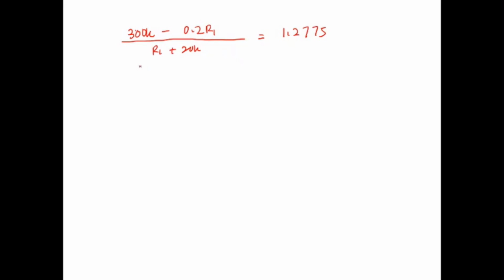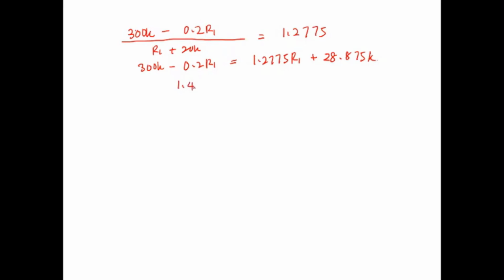So this one is 300k minus 0.2 R1 equal to 1.2775 R1 plus 28.875k. So you got this one.